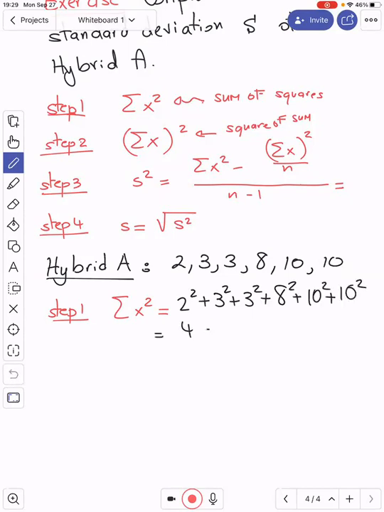So 2 squared is 4, this is 9, 64, 10 squared is 10 times 10, that's 100, and again 100. So this is 286, if I'm not mistaken. I hope everyone got this 286 in the first step.